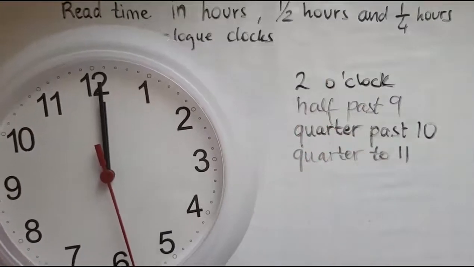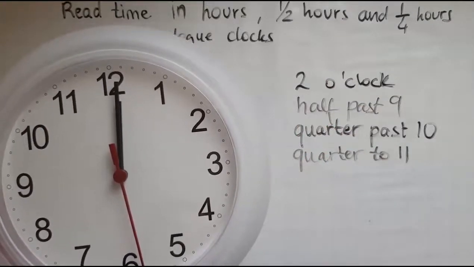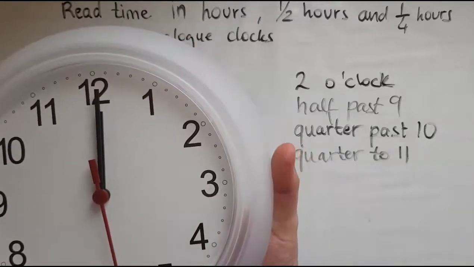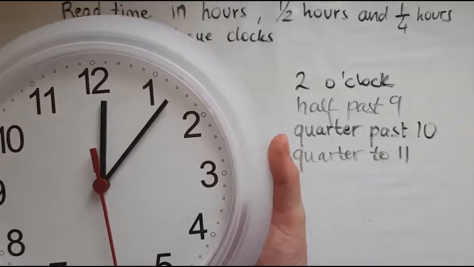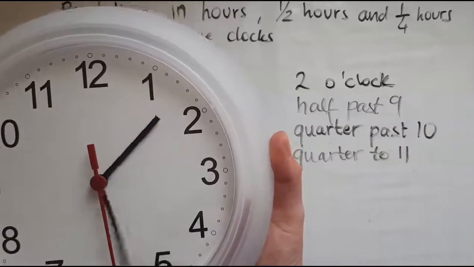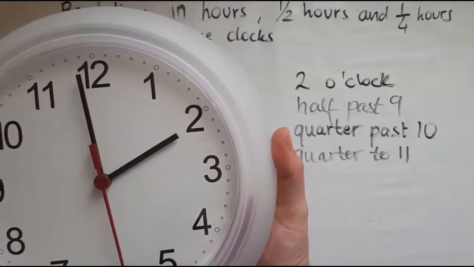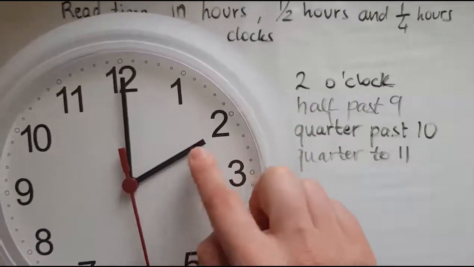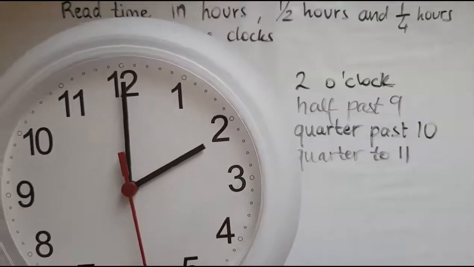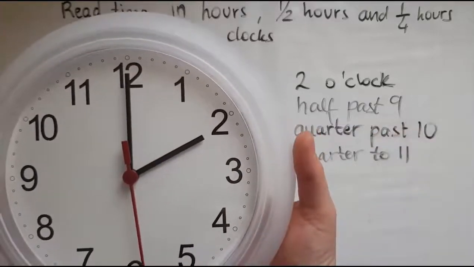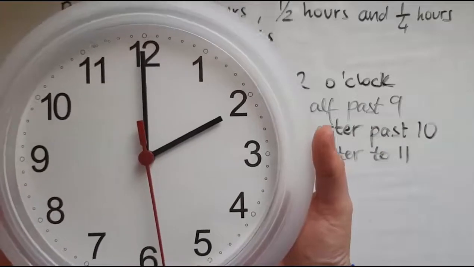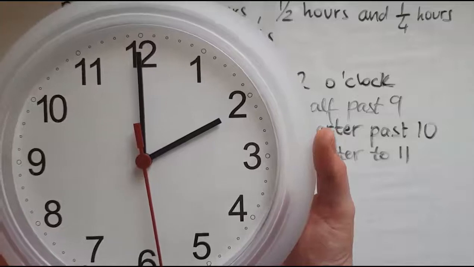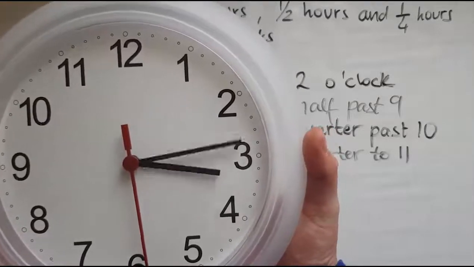That suggests it's exactly 2 o'clock. It's just hours, no minutes, and the hours hand goes to 2. There we go. So 2 o'clock. 9:30. So we know it's 9, but it's past it by half an hour. So we'll go to 9 first.